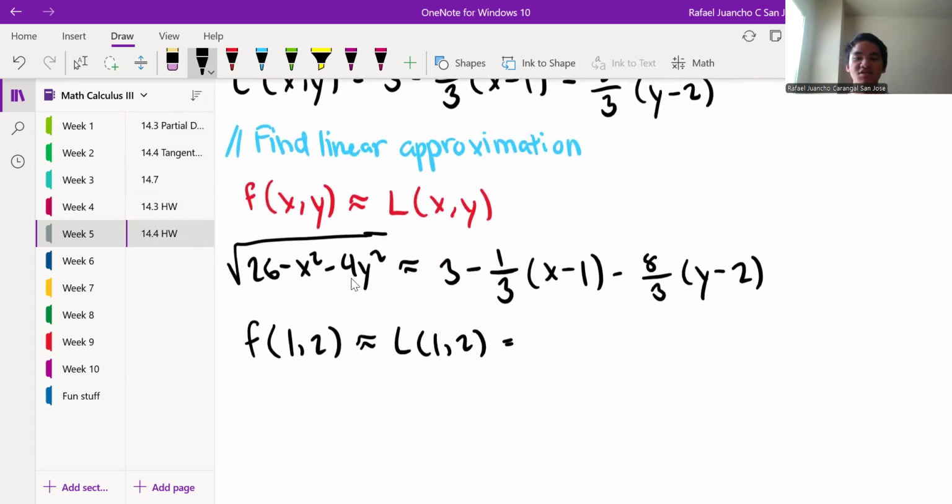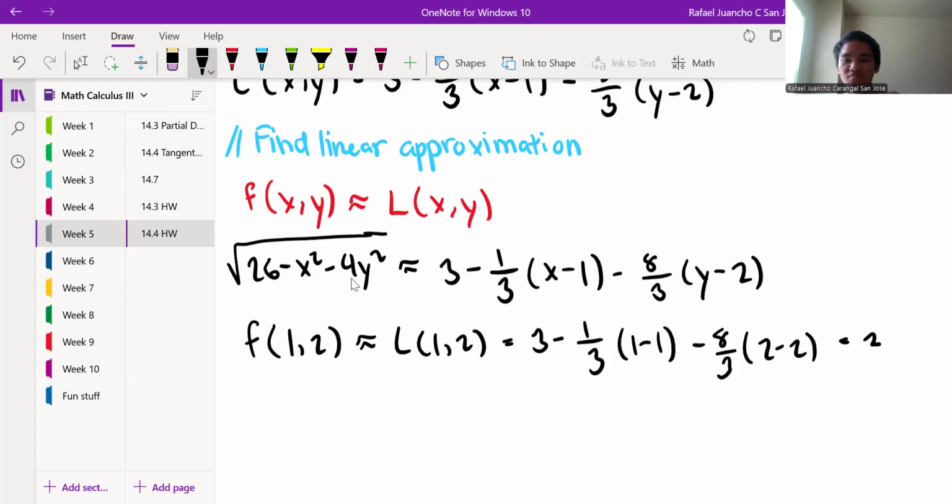Okay, for quicker purposes, next time I'm just going to automatically do this. 3 minus 1/3 x, so instead of x, I put a 1, minus 8/3, here I put a 2. Oh, voila, we got 3. That's my answer. So my linear approximation of the function at (1, 2) is 3.